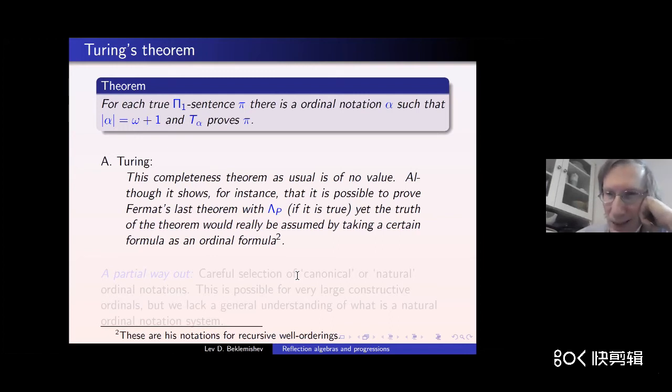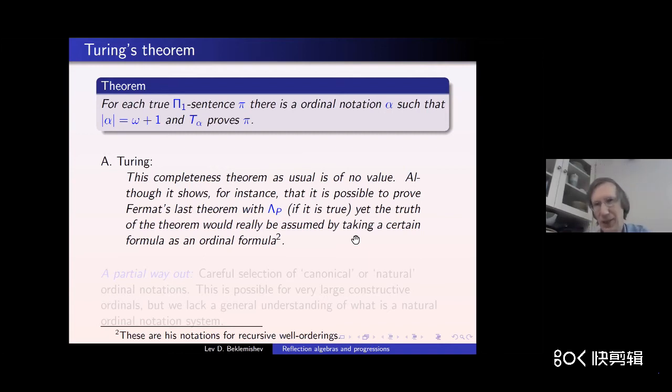You should know that by this time he had already invented Turing machines and written his now famous paper. But for him, this completeness theorem, as usual, is of no value. Although it shows, for instance, that it is possible to prove Fermat's last theorem with lambda p, if it is true, yet the truth of the theorem would really be assumed by taking a certain formula as an ordinal form.